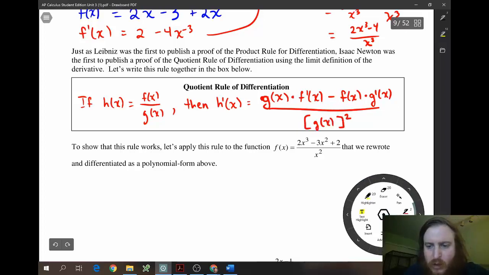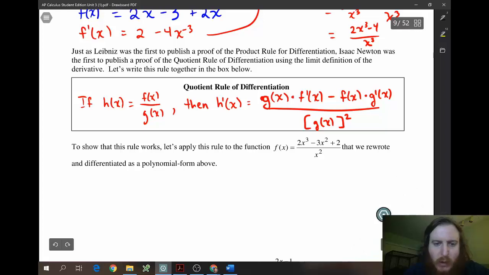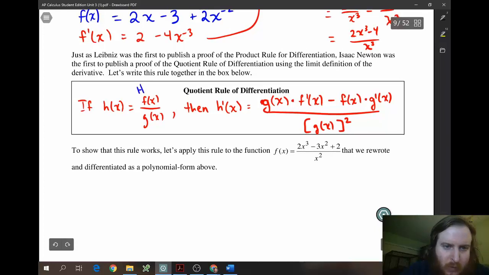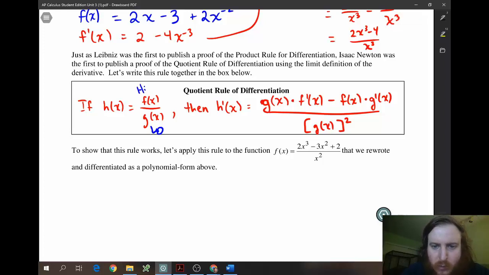And there's a really popular saying to memorize this. What we do is we call f of x our high, and we call g of x our low. And I know technically it would be h-i-g-h, but I'm lazy. And so we say it out loud. We say g of x is low, same thing would really be low, but I'm lazy.